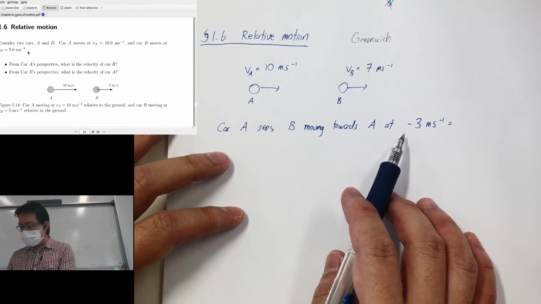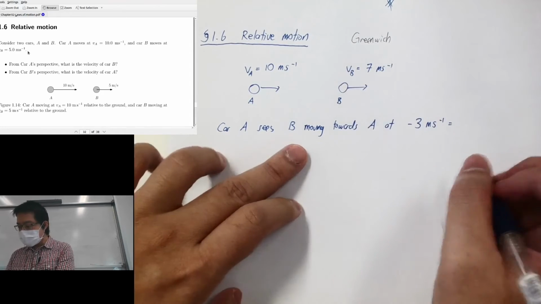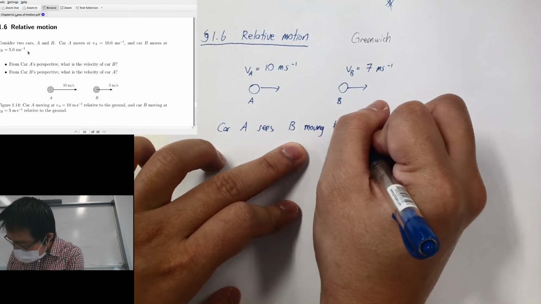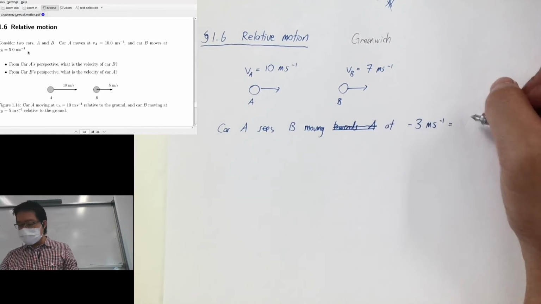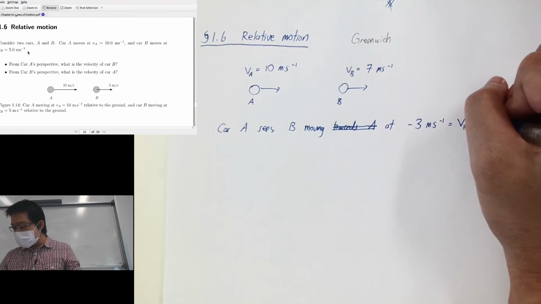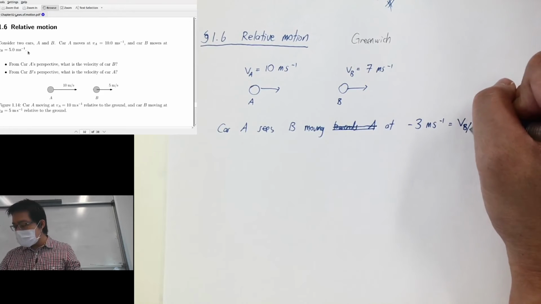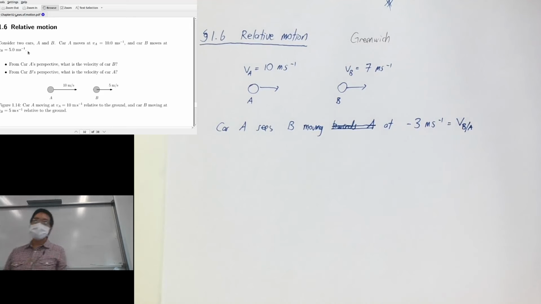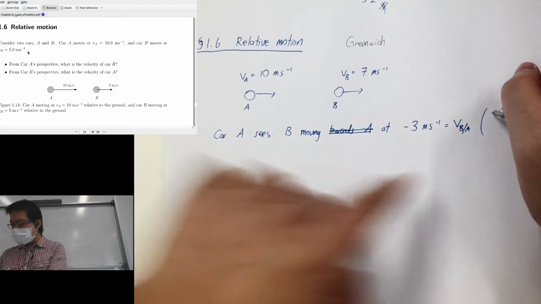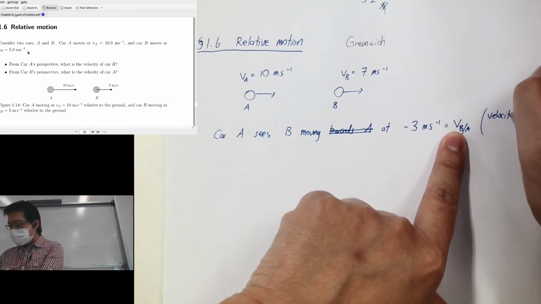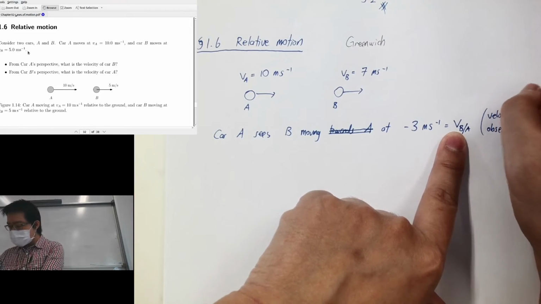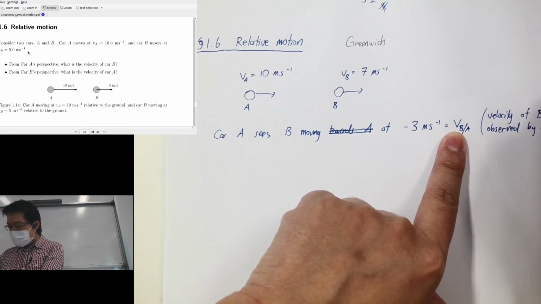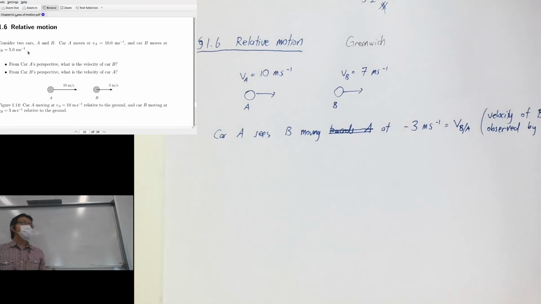So that means I can just take out this, right? Yes. So car B moving at 3 meters per second, and I'm going to give this notation. So this is the velocity of B as observed by A. Okay. So car B is moving towards you at 3 meters per second.